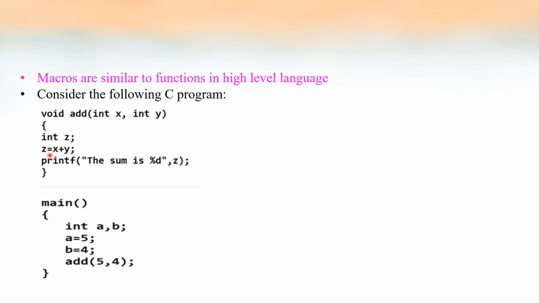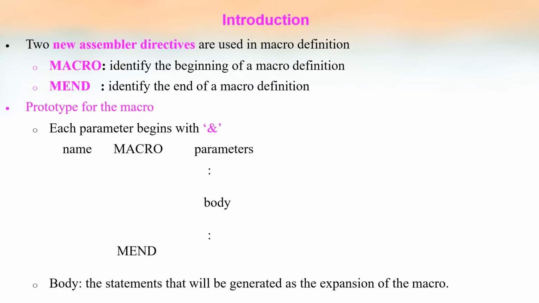So z equals x plus y, 5 plus 4 equals 9, and the printf statement prints the sum is 9. After executing the statements in the function, it comes back to the place where it was called in the main program. If any other statements are there, those also get executed. After that, it stops.